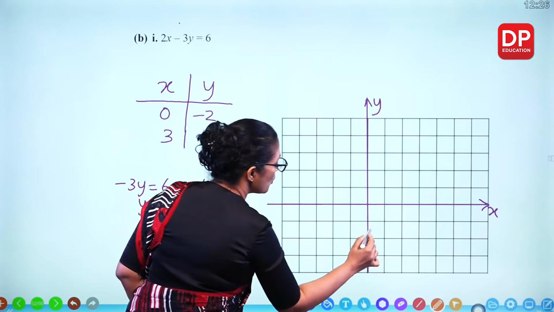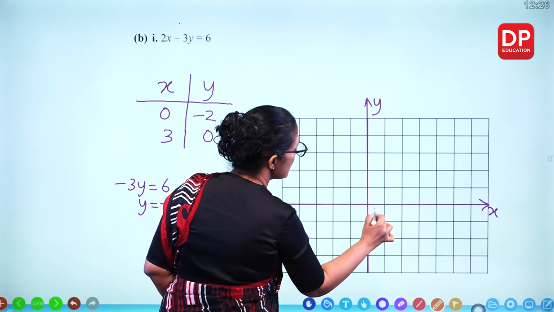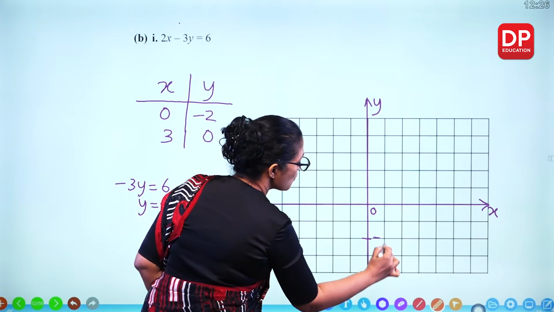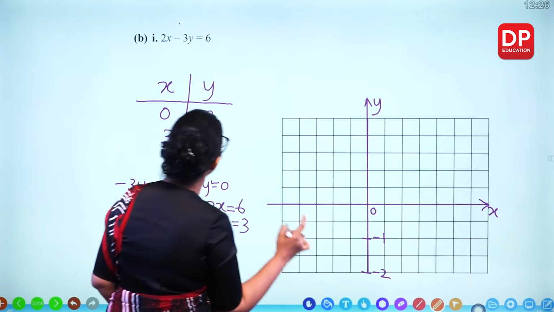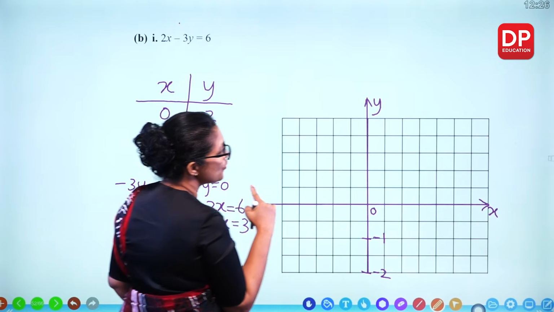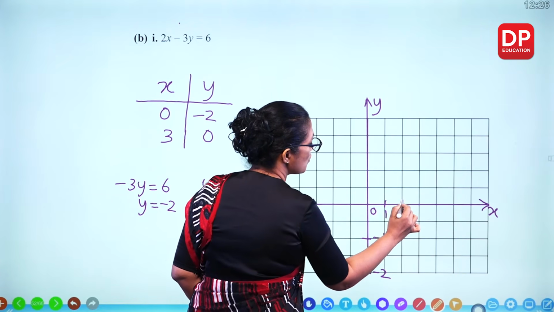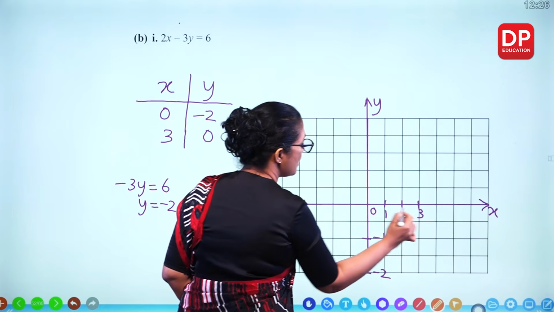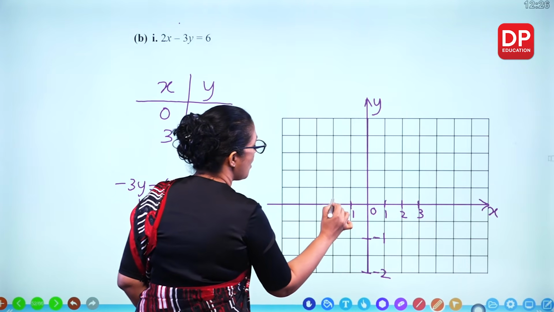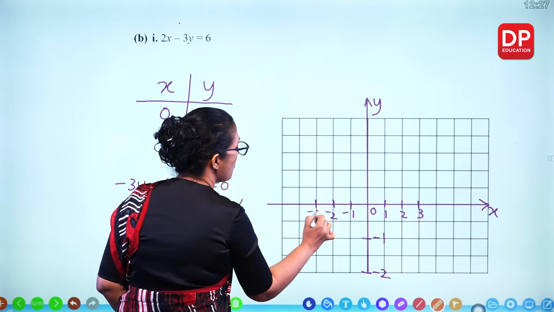Minus 2. So if this is 0, this is minus 1, this is minus 2. X up to 3, so 1 unit, 1 square. 2, 3, minus 1, minus 2, minus 3.